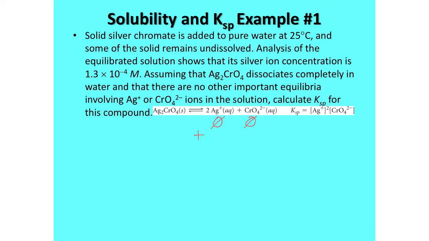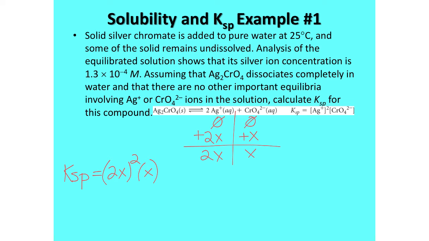We will be gaining 2x of the silver and x of the chromate. So that's what we will have at equilibrium for those two. So we can plug that into my Ksp expression. So the silver is going to be 2x squared, and the chromate is going to be just x.